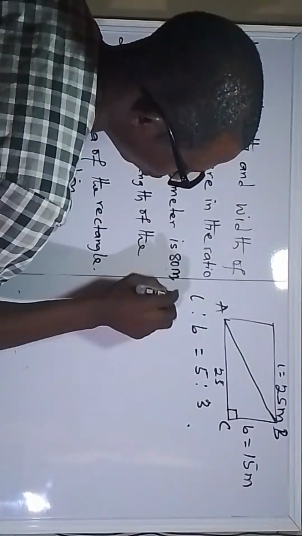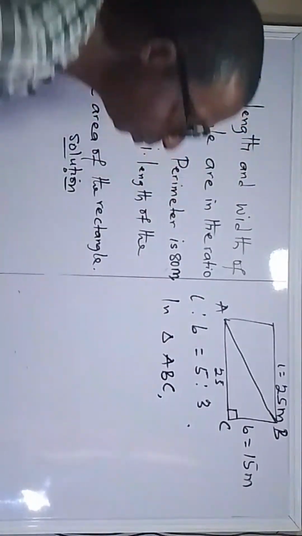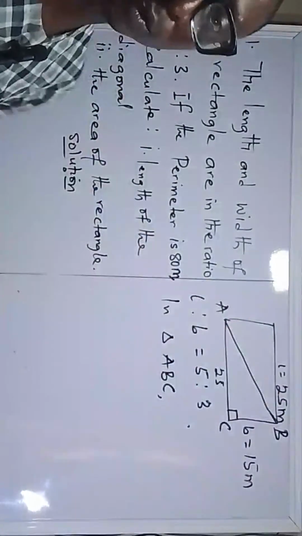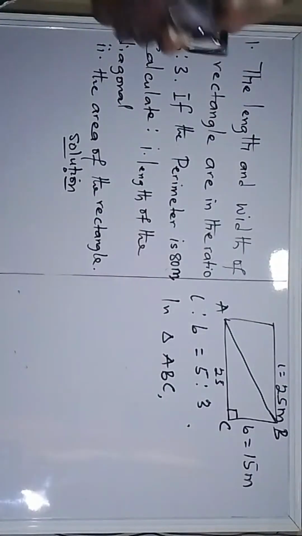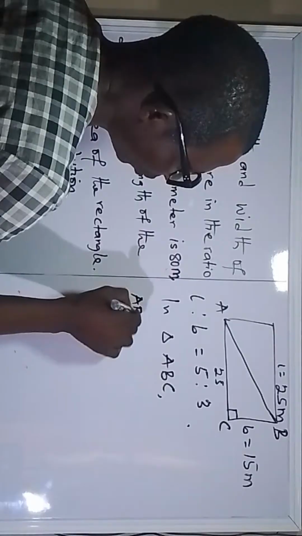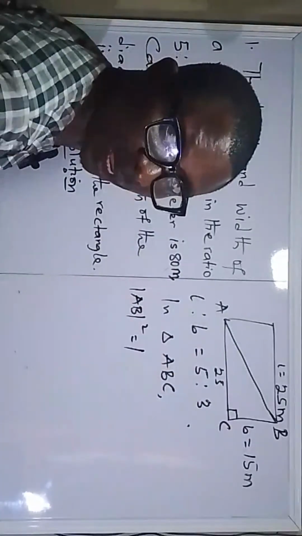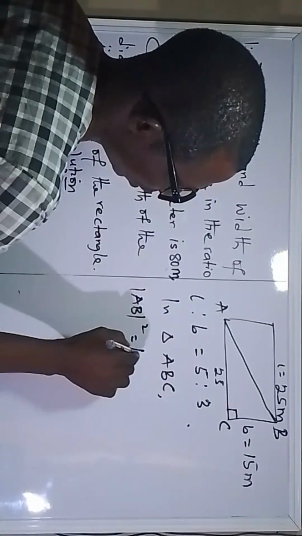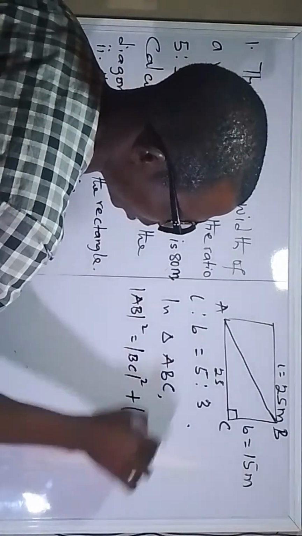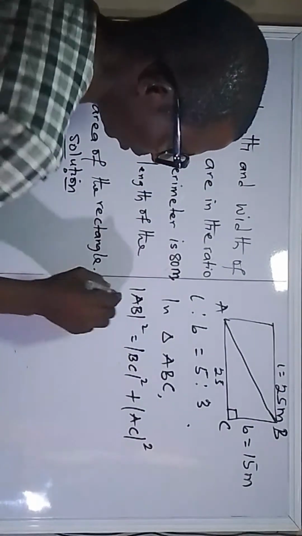In triangle ABC, we want to get length AB. So we are going to be making use of Pythagoras theorem. We have AB squared equals the square of the two sides, so that's BC squared plus AC squared. That is Pythagoras theorem.